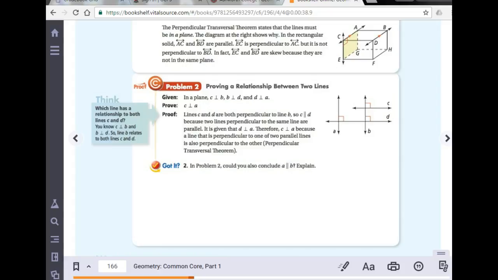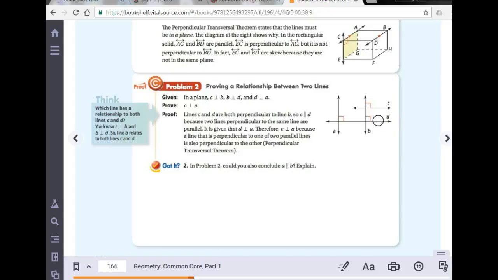And the answer is yes, because again, B is perpendicular to D, and it is right here, and A is perpendicular to D. If that line is perpendicular to both of these lines, then these two lines must be parallel to each other, which helps me conclude that A must be parallel to B.